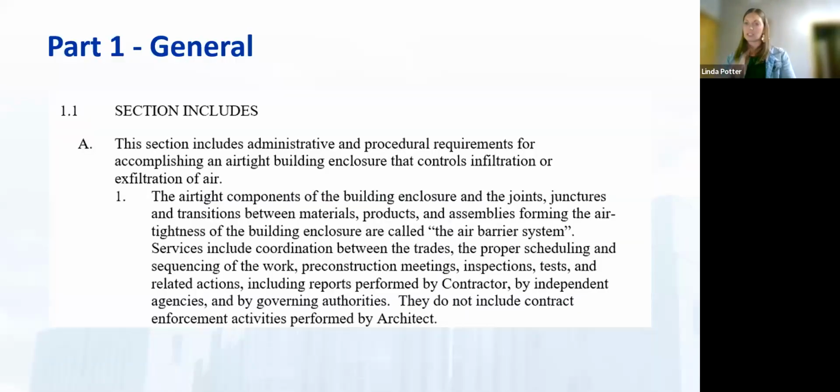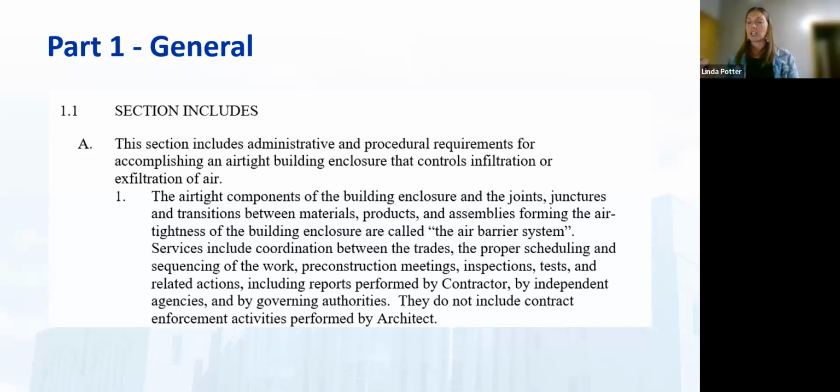But when it comes to specifying air barriers, we're going to spend most of our time today talking about part 1 and part 3, which I think are most critical to ensuring that you get the results that you expect. So in your part 1s, make sure that you have section 1.1 and A that talks about your entire system.